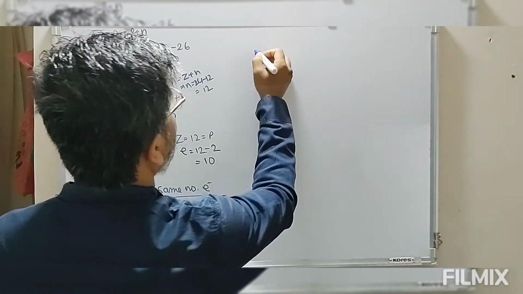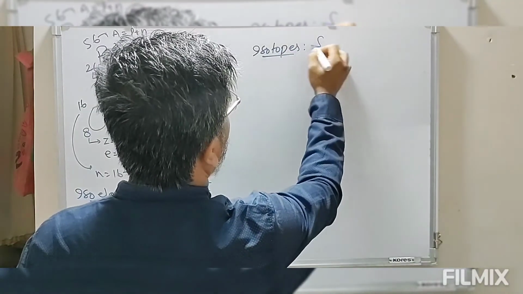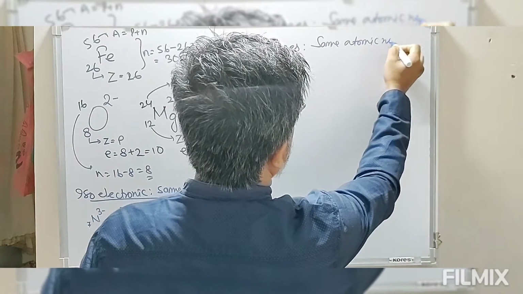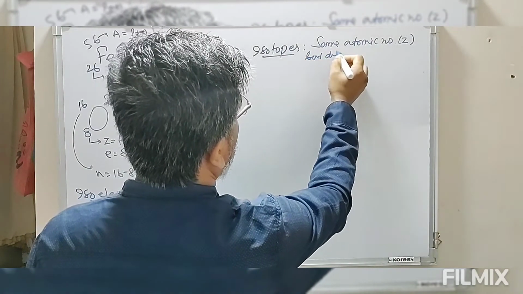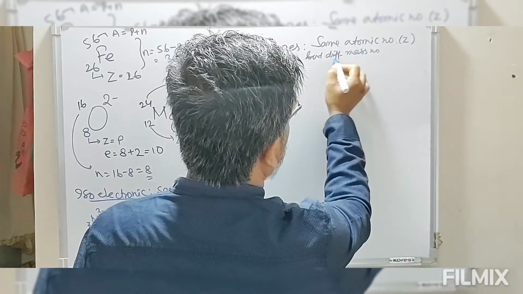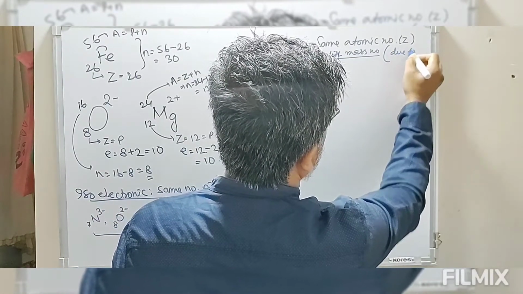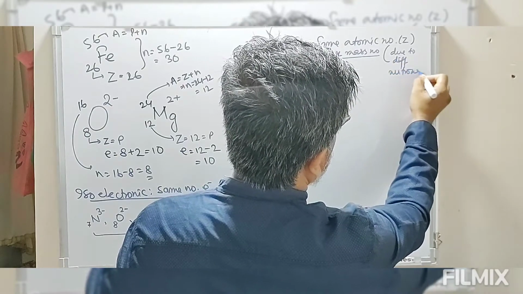So isotopes have the same atomic number, that means Z is the same, or the number of protons is the same, but different mass number, due to different neutrons.